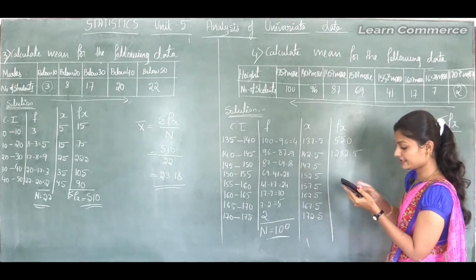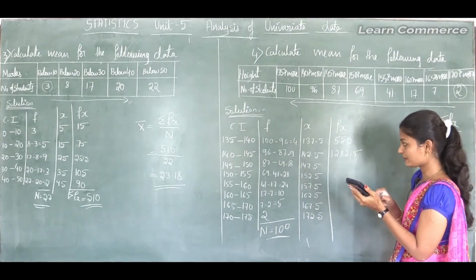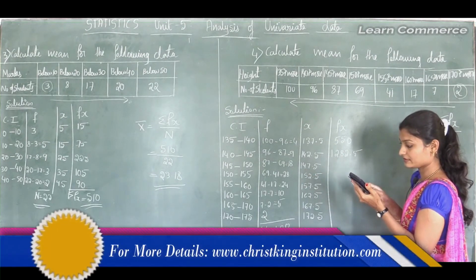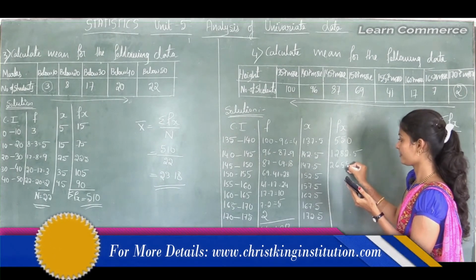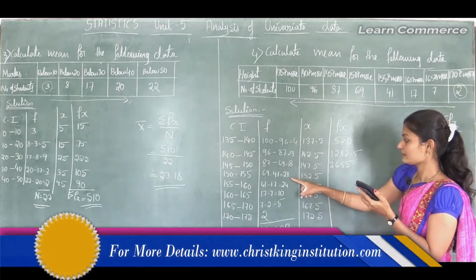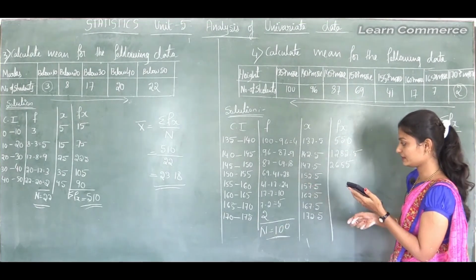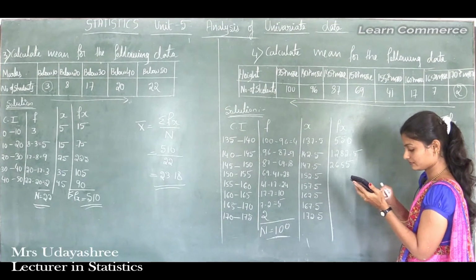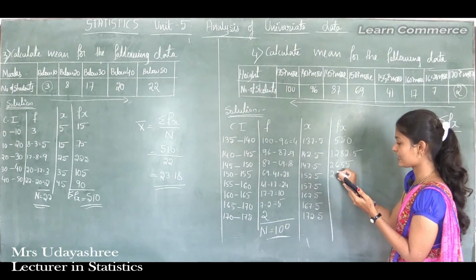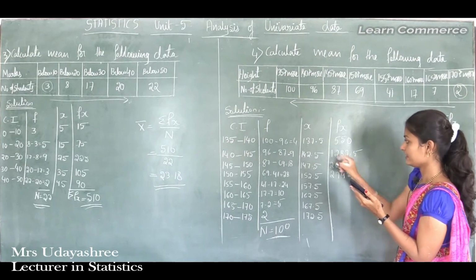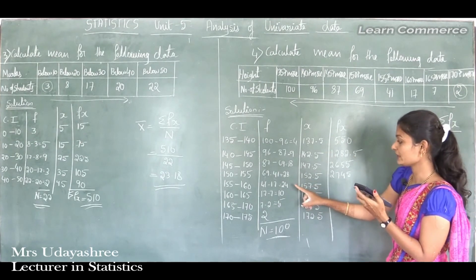Next, 18 into 147.5, that is 2655. Next, 28 into 152.5, that is 4270.